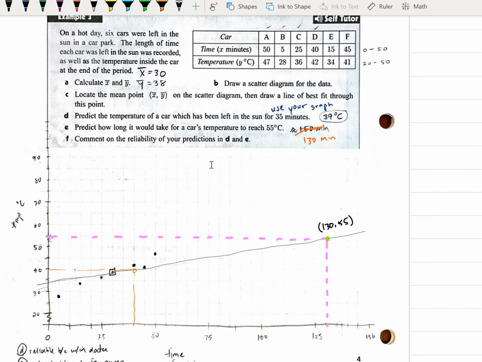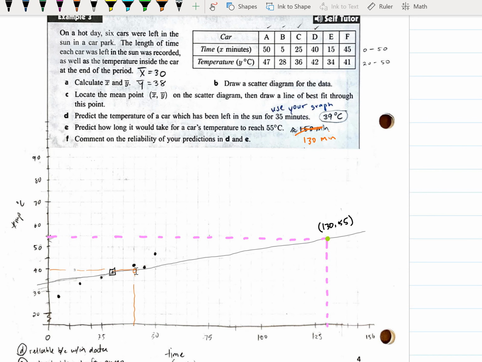All right, last part, comment on the reliability of the predictions in D and E. So D, which is predict the temperature of the car which has been left in the sun for 35 minutes. We went to 35 minutes and we predicted it. That is a reliable prediction because it falls within our measured data.